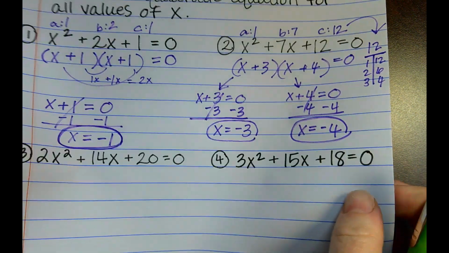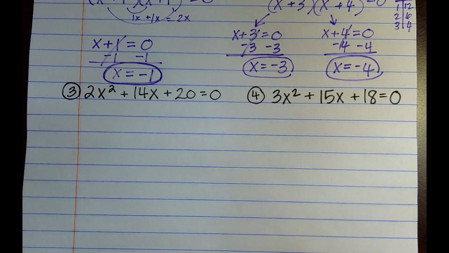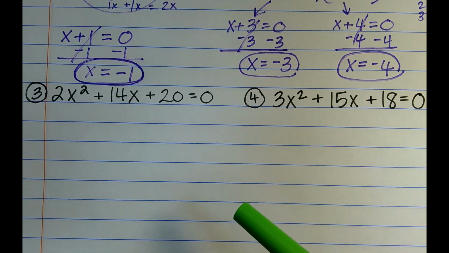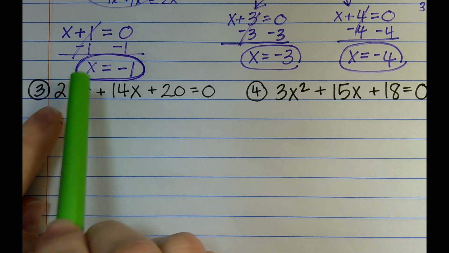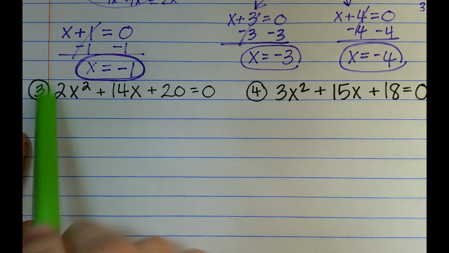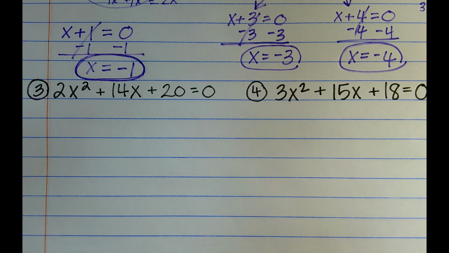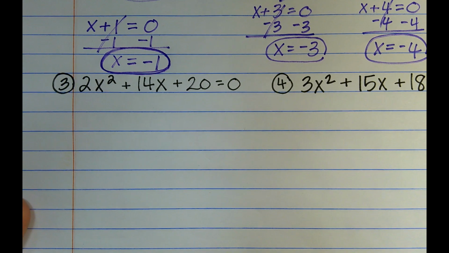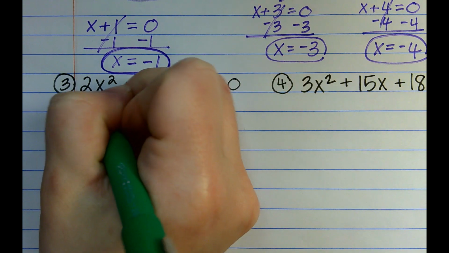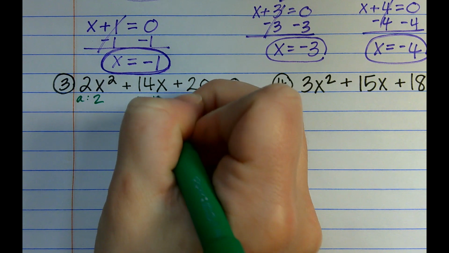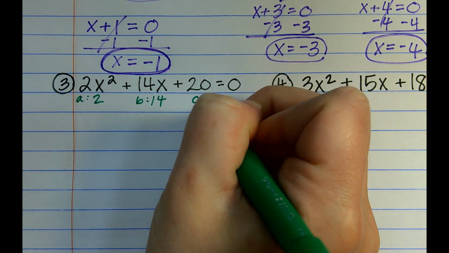Okay, now we're going to move to 3 and 4. These are interesting because now x squared, the coefficient is not 1 on our first term. So let's start by looking at number 3. I have 2x squared plus 14x plus 20. My A is 2, my B is 14, my C is 20.